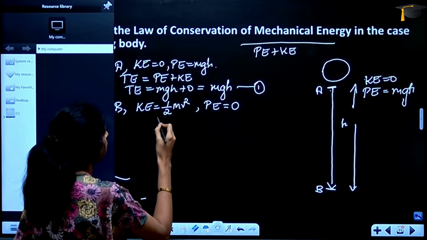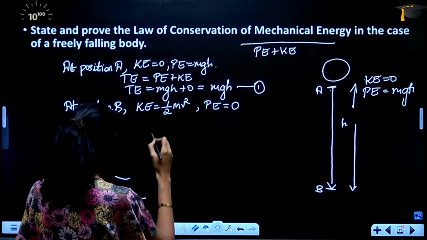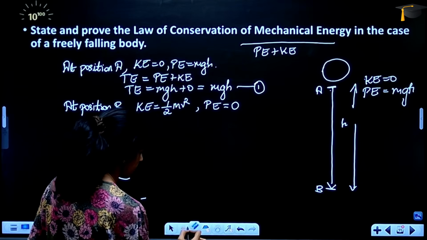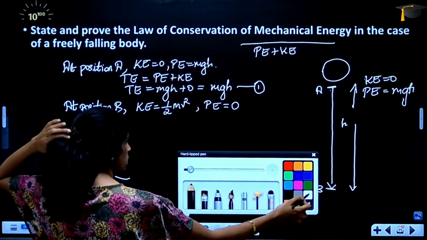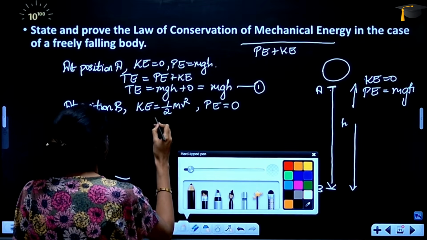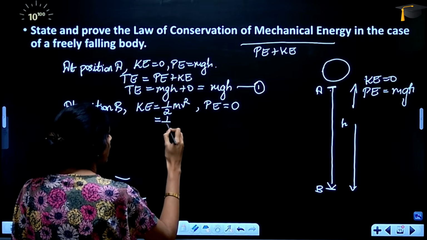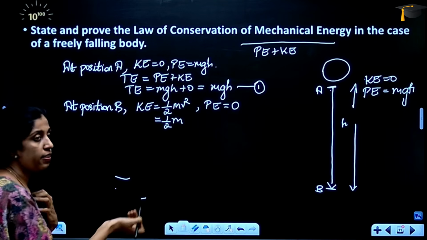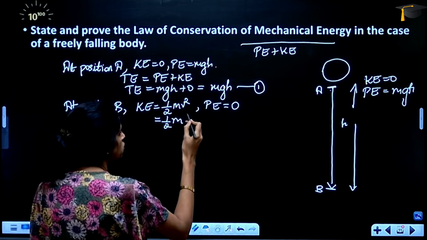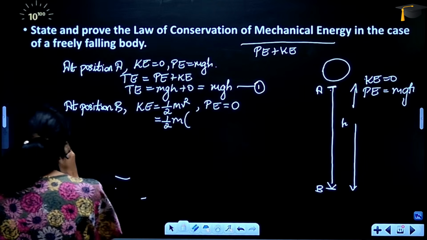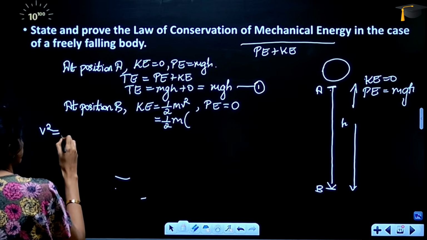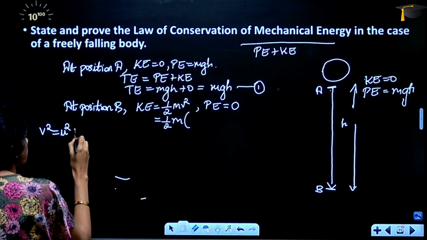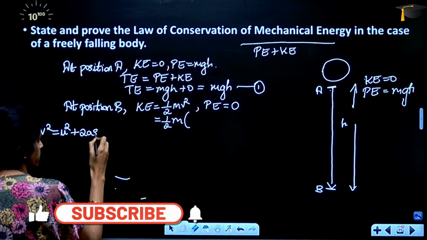Okay. So now I will just take kinetic energy as half m. Instead of v square, let me use the equation of motion. So equation of motion is what? From v square minus u square, we know that v square will be equal to u square plus 2as, right?